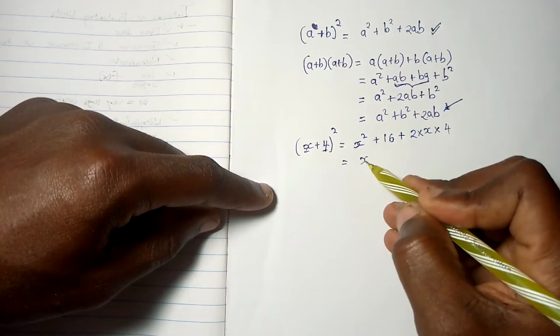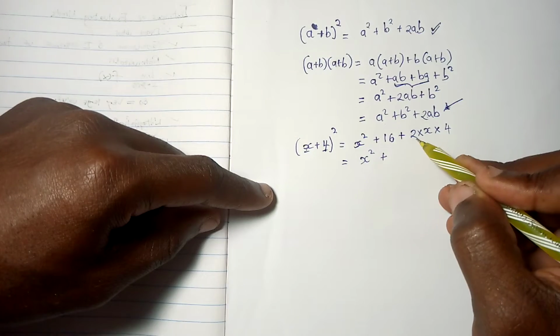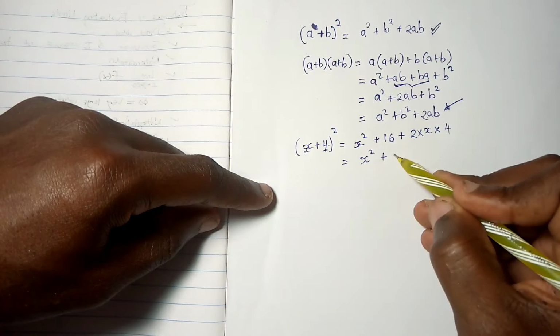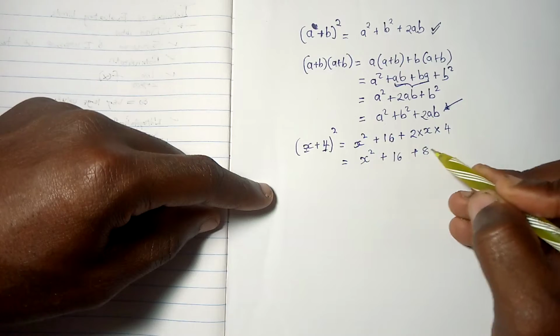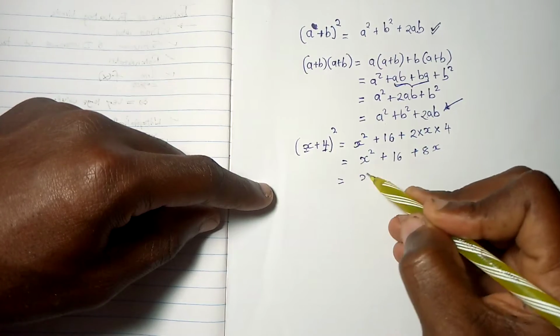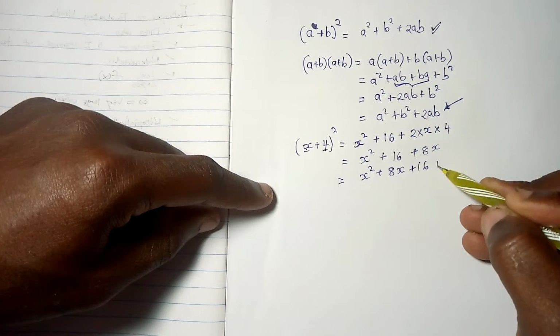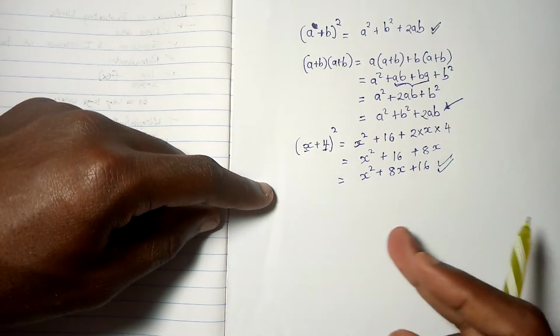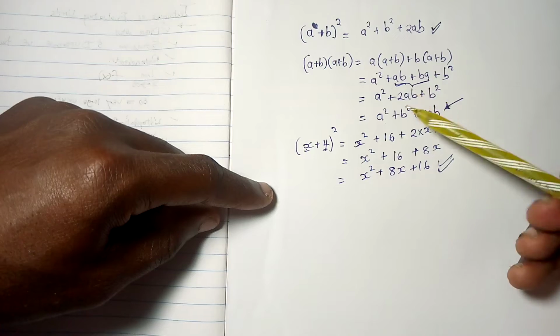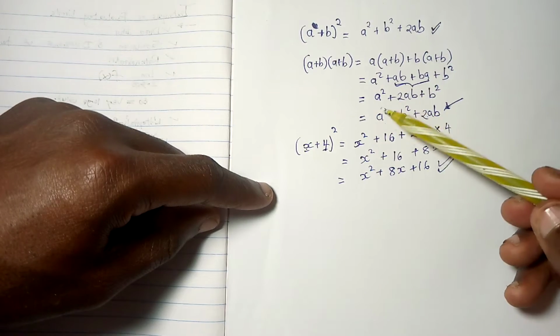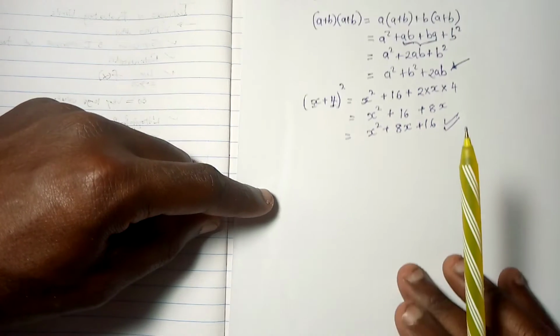My answer is going to be x squared plus 16 plus 8x, which of course I can write as x squared plus 8x plus 16. So you really don't have to open the brackets and all that. You can use these identities. So that is an example.